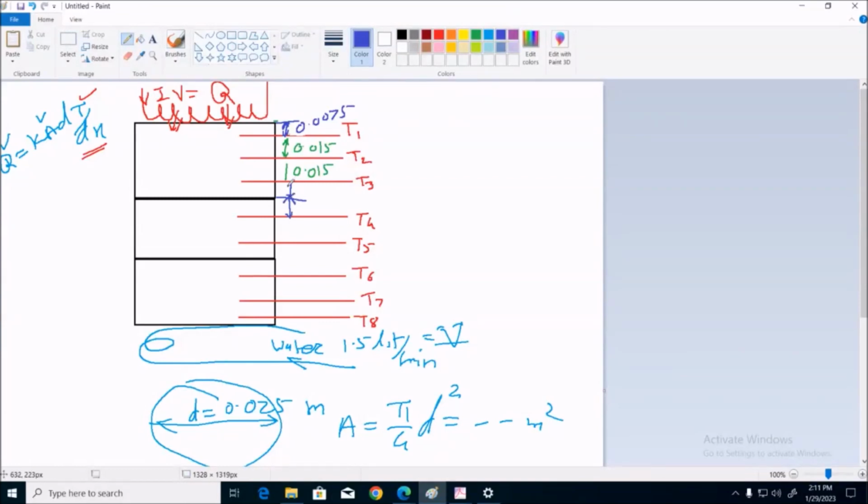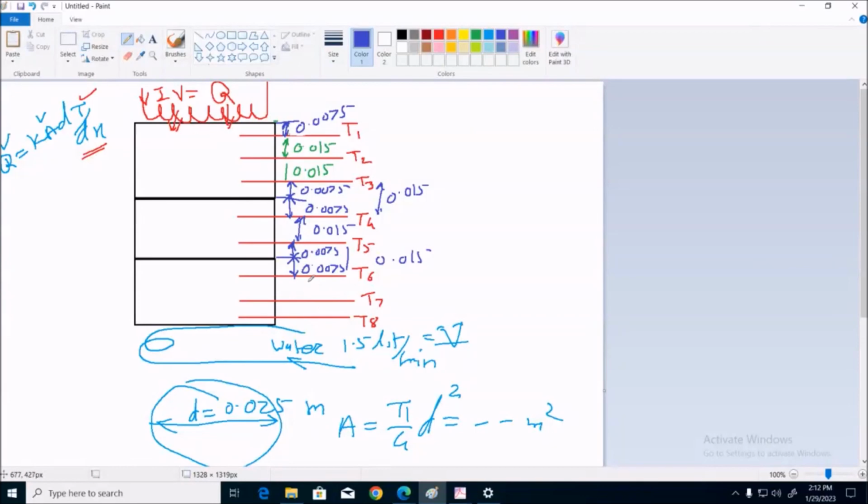T3 and T4: 0.0075, 0.0075. Okay, so total this is 0.015. So same 0.015. Again here, 0.0075, 0.0075, means 0.015.